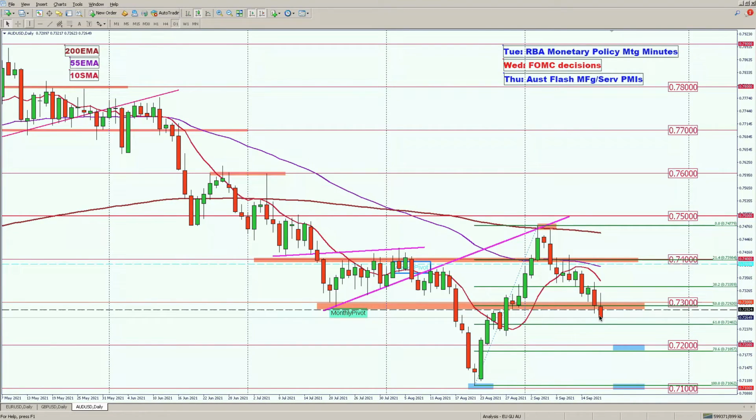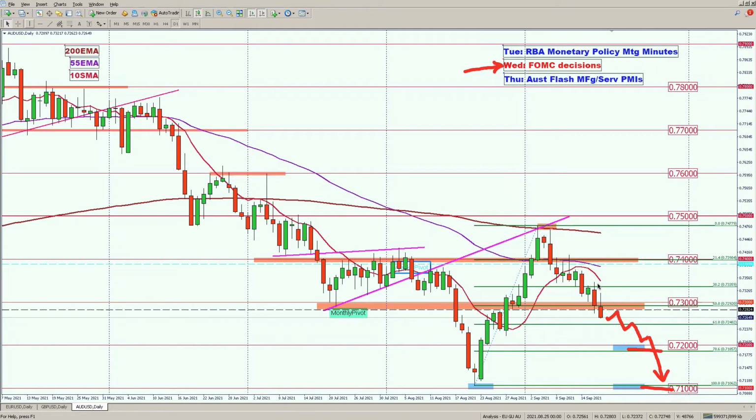Okay, so we'll see whether the FOMC meeting will trigger further US dollar strength, or it could reverse it. And if the US dollar does strengthen, then there could be a test of multiple support zones for all these major pairs.